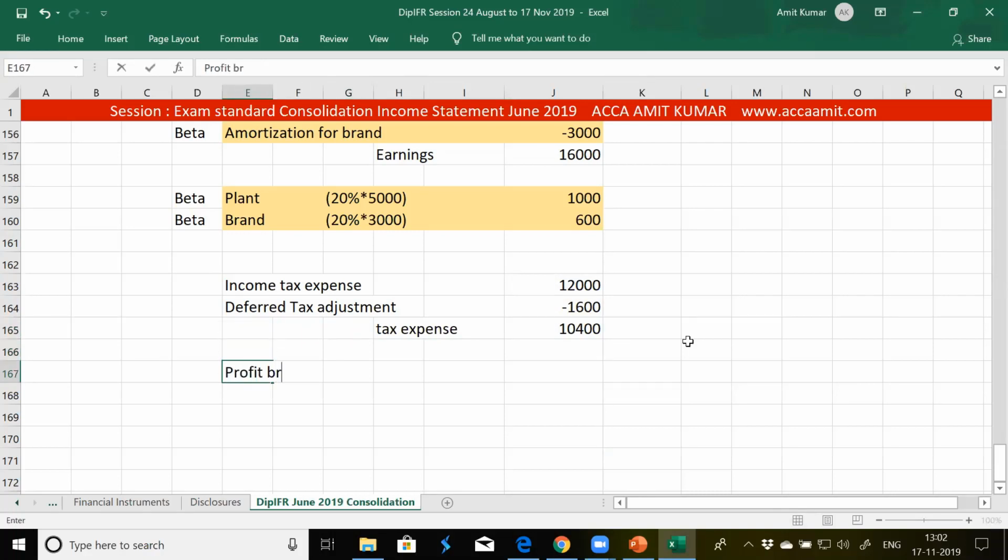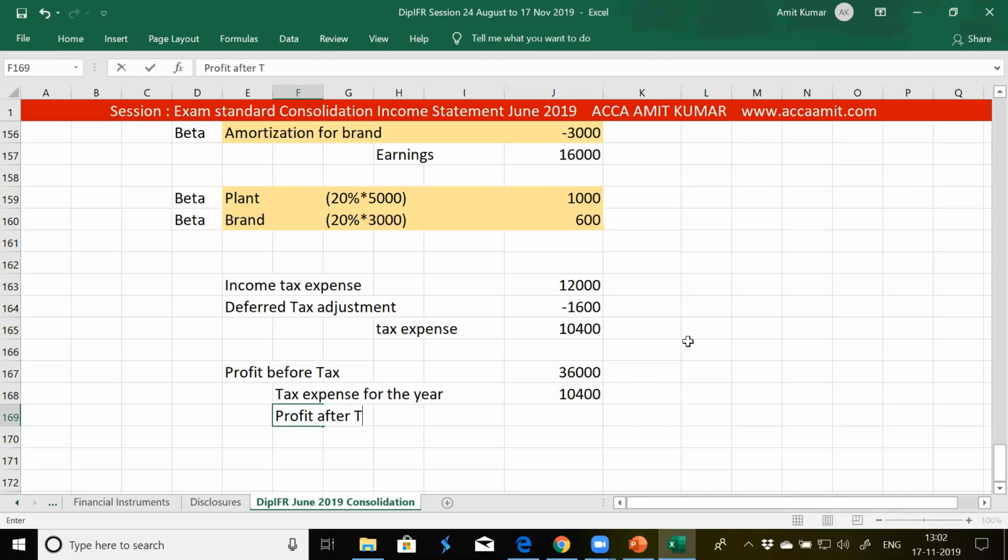So profit before tax is equal to 36,000. Tax expense for the year 10,400.